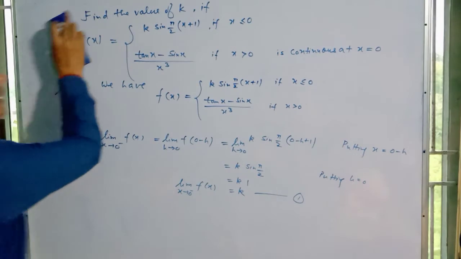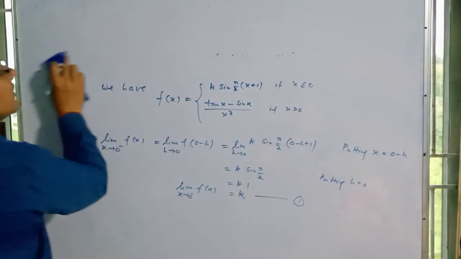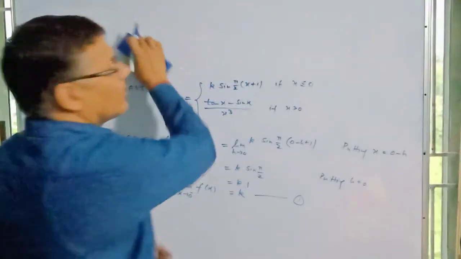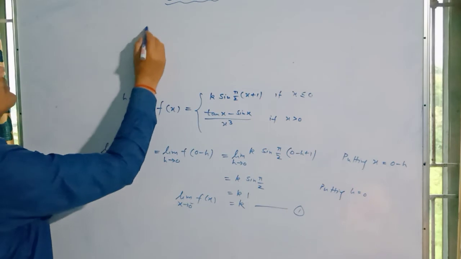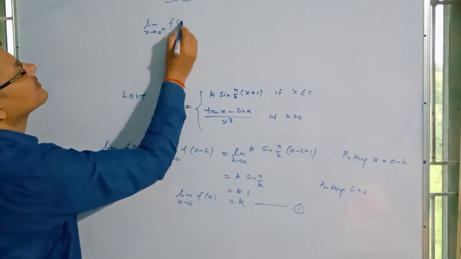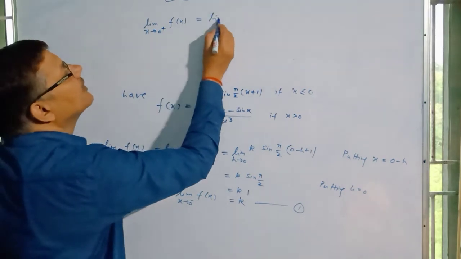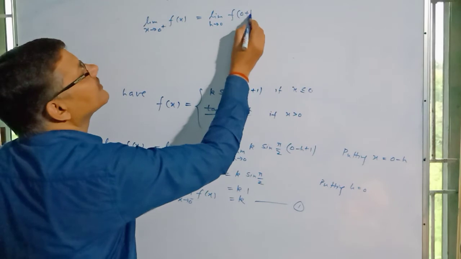Similarly, we are required to get the right hand limit, and here it is interesting. This question is taken only to show how we get the right hand limit. So let's start. Limit x tends to 0 from the right of f(x) is equal to limit h tends to 0 of f of 0 plus h.